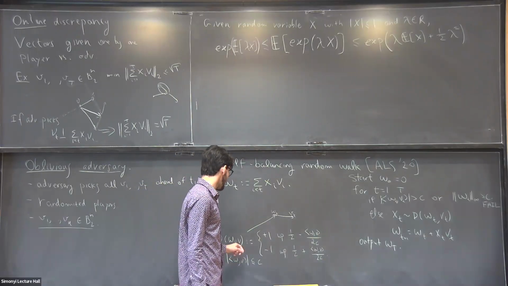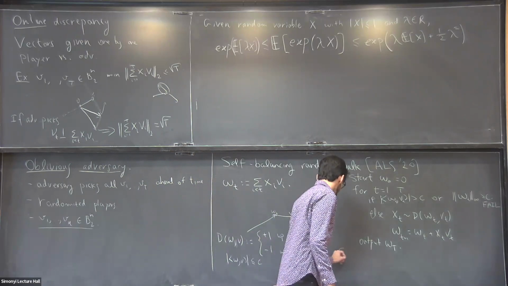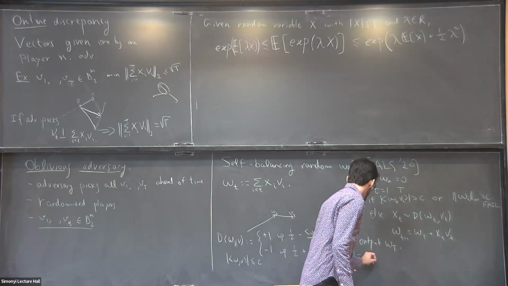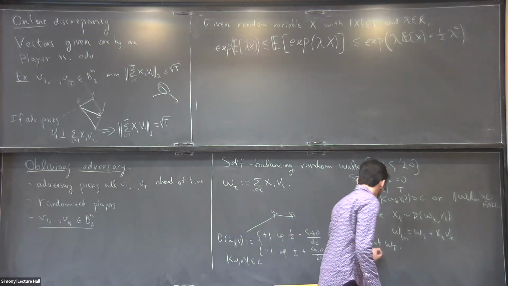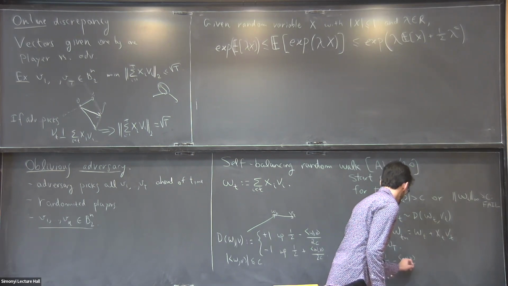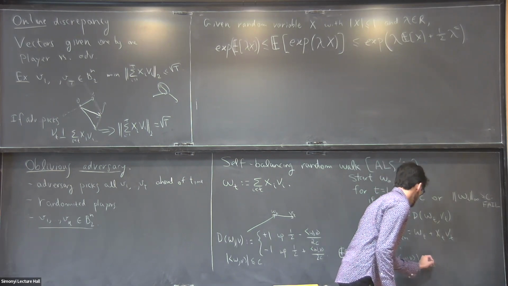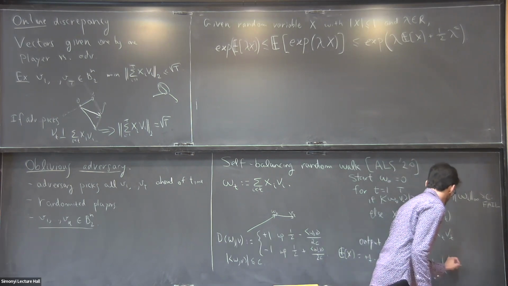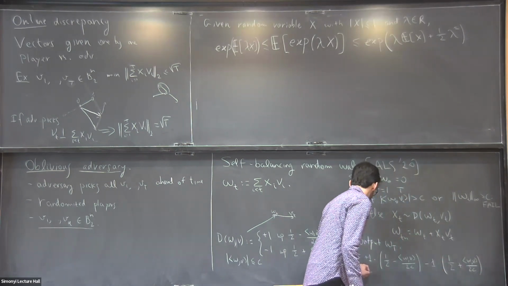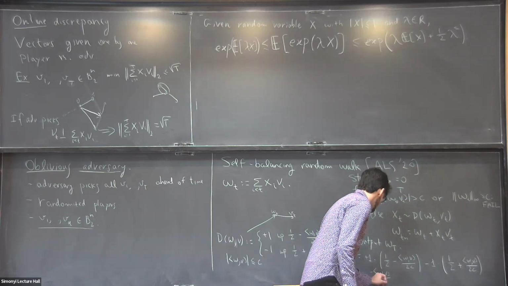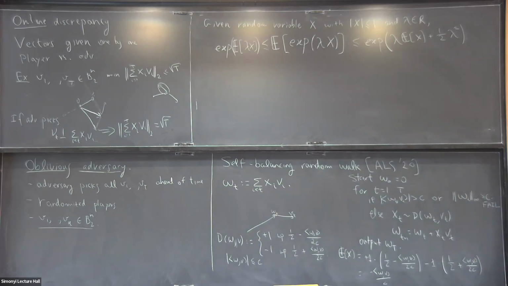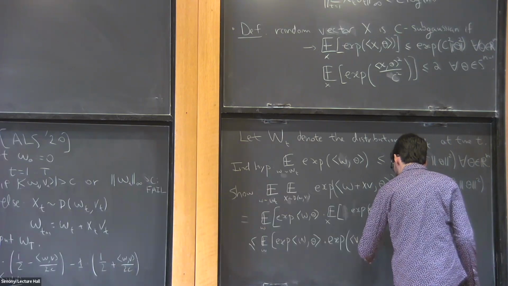So the expected value of X is plus 1 with probability this, and minus 1 with the other probability. So it's actually like minus the inner product over C. Okay, so back to applying this lemma.